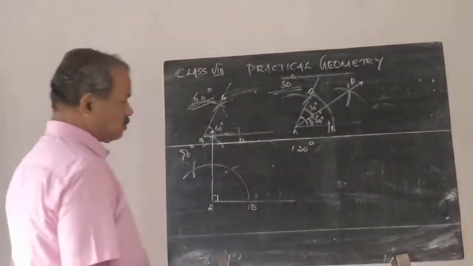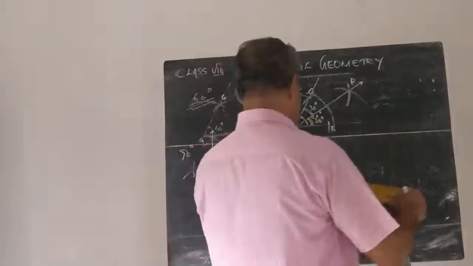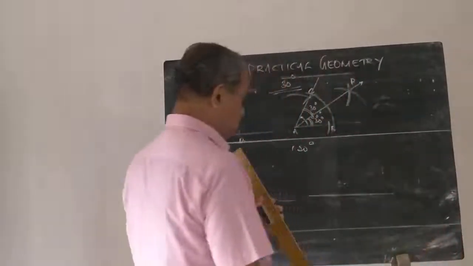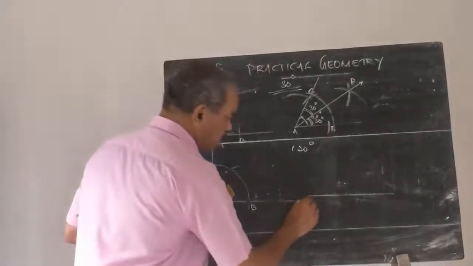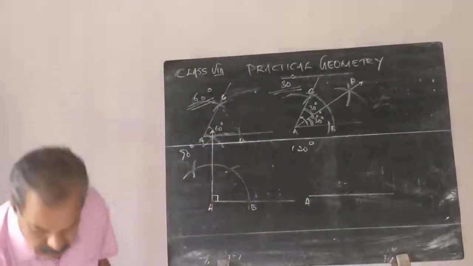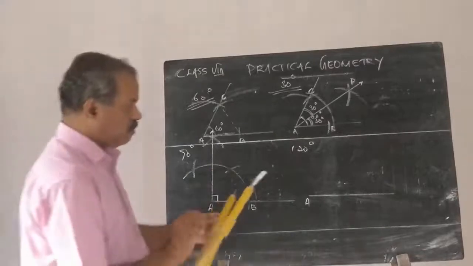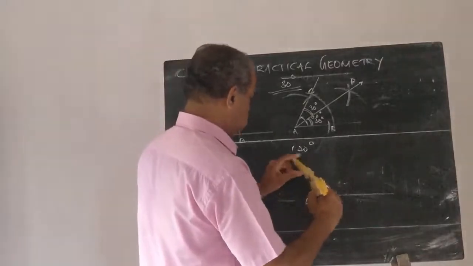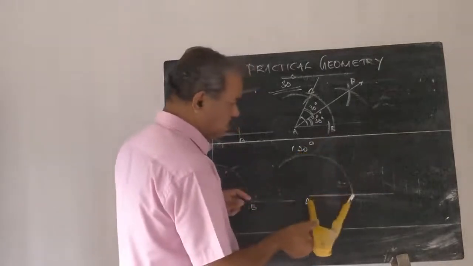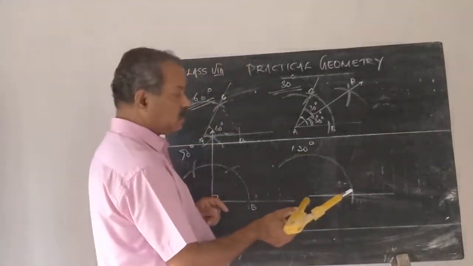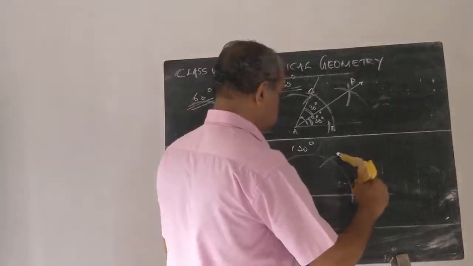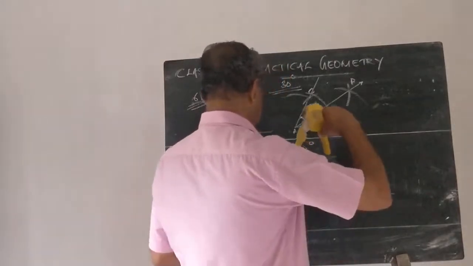How can we construct a 120 degree? Same way. Draw a line, then mark A. From here, first draw an arc which cuts the first line at B. From B, draw an arc, 60 degree, again 60.